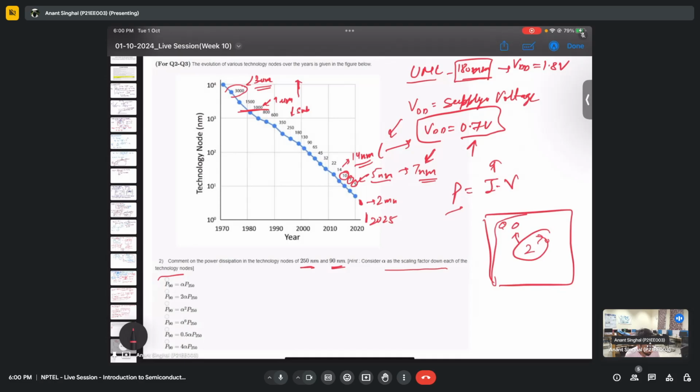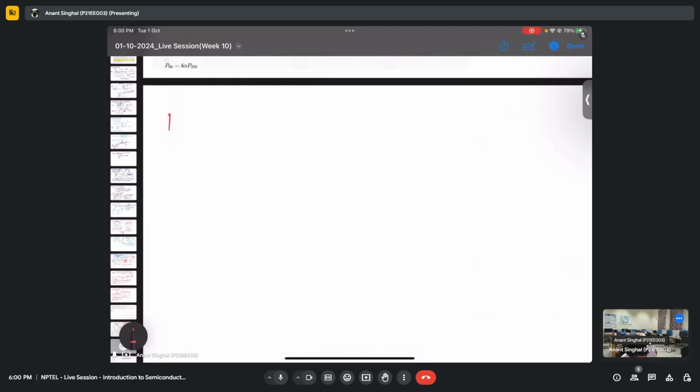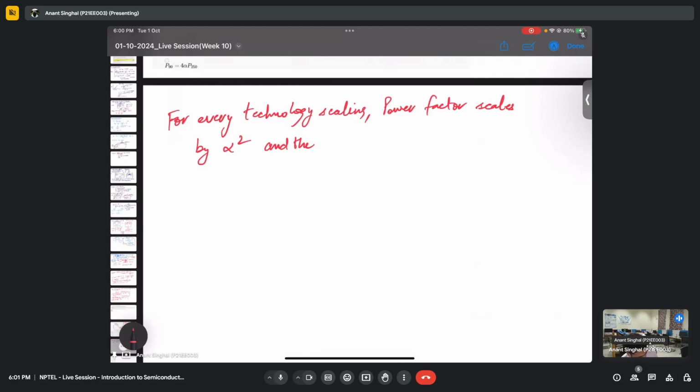So we have certain relations that for every technology scaling, this might have been taught in your lectures also, the power factor scales by alpha square and the capacitance, I'm talking about the gate capacitance, scales by 1 by alpha.